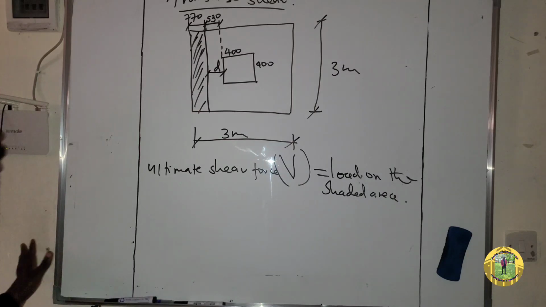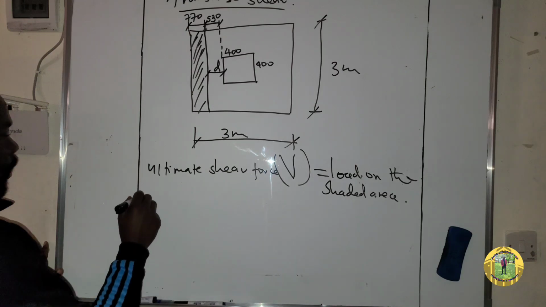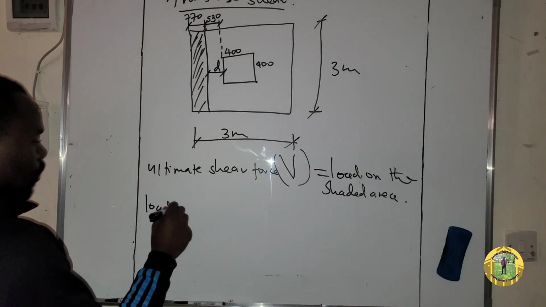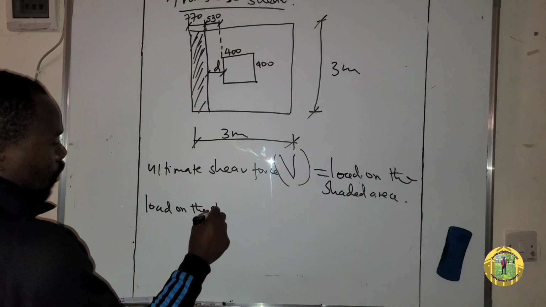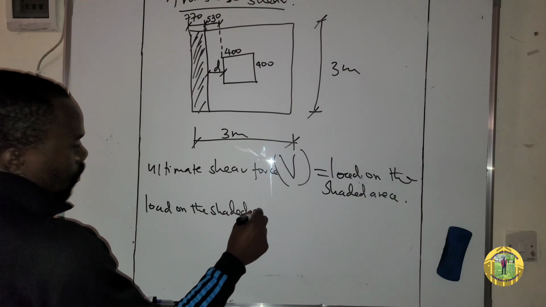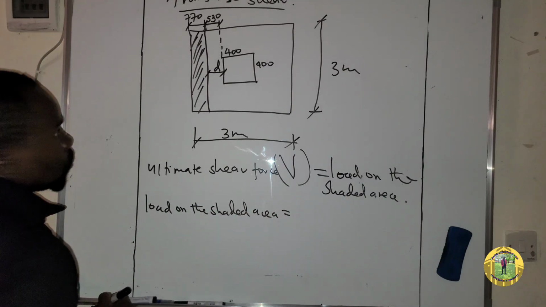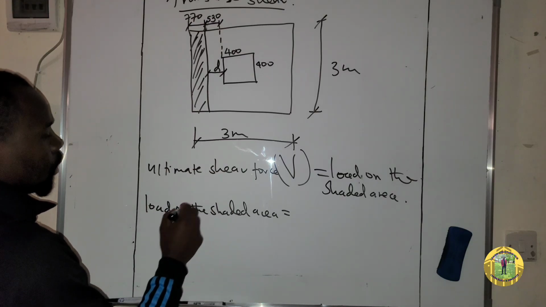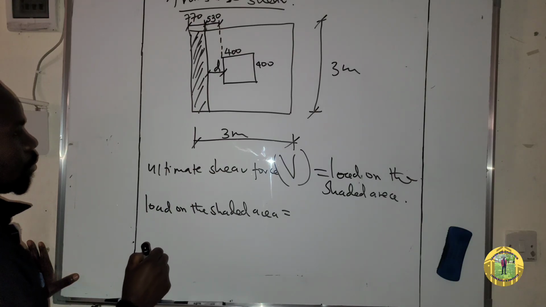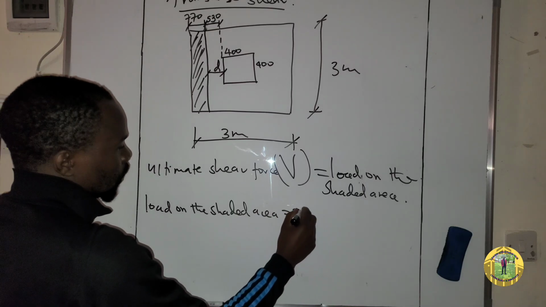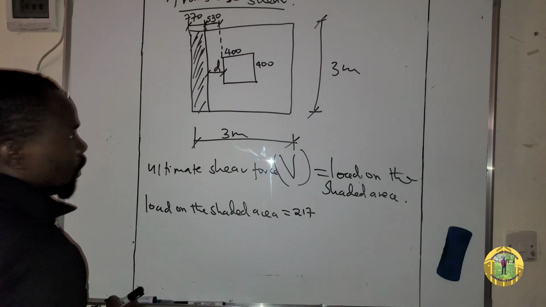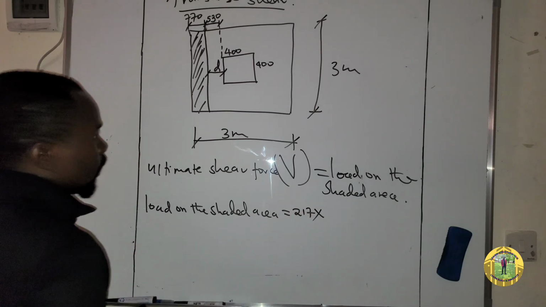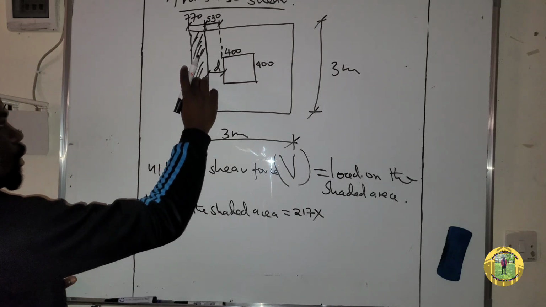The load on the shaded area is equal to, remember our earth pressure, which was 217, times the area of the shaded region.